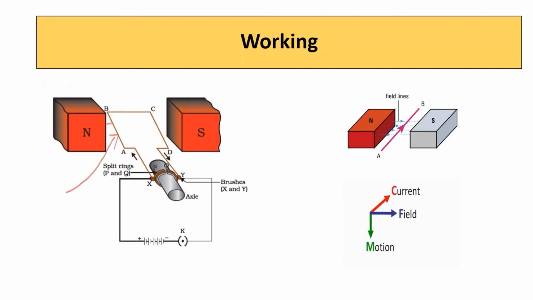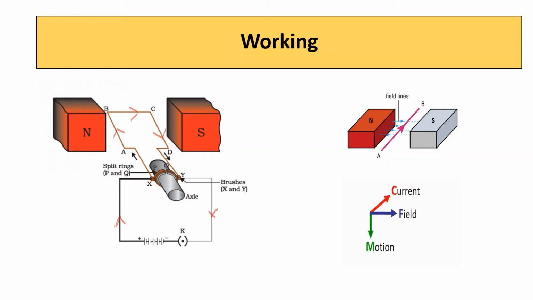The field lines will be from north to south of the magnet. The armature coil is connected to the battery via the split ring and the brushes. We know the current flows from the positive terminal of the battery to the negative terminal in this manner.